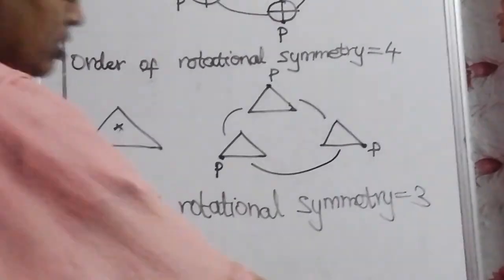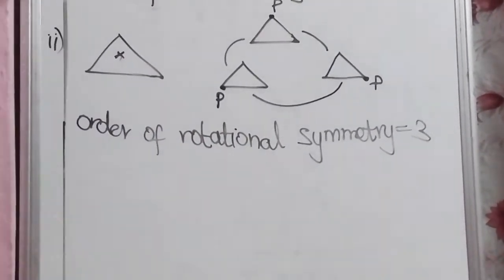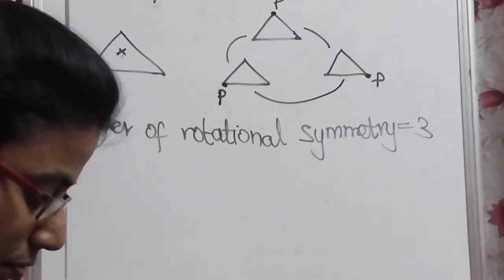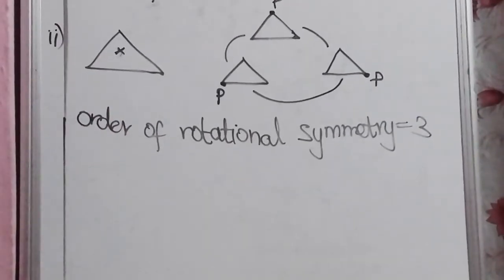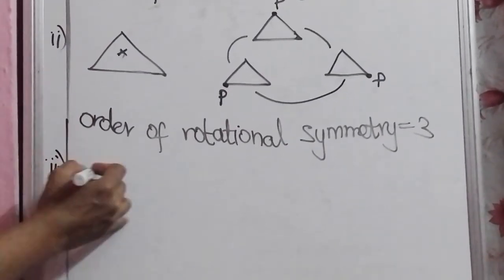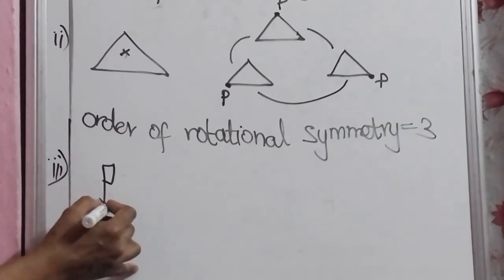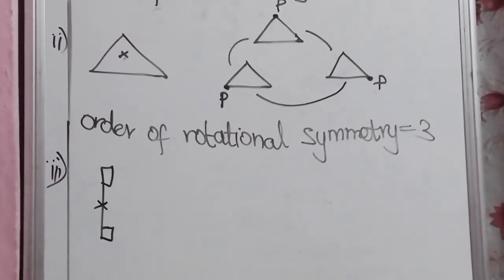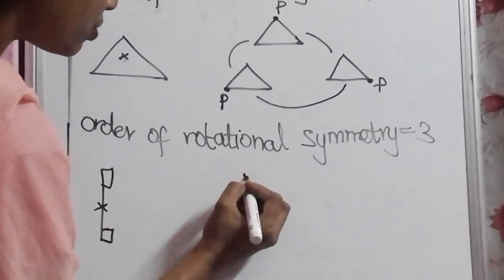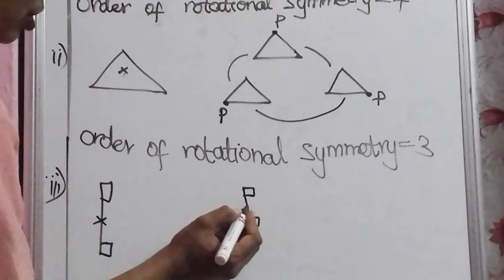Now let us take the third picture. The third one is given as something like this, and the center is here. Okay, so let us draw this. This is the initial figure which is given.